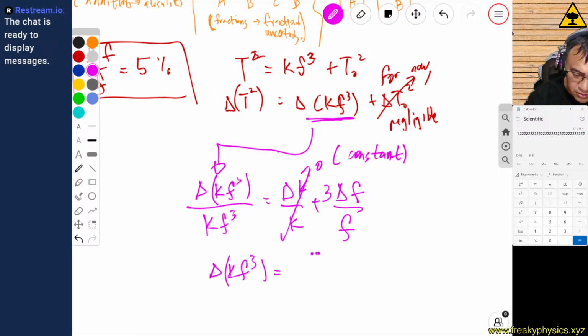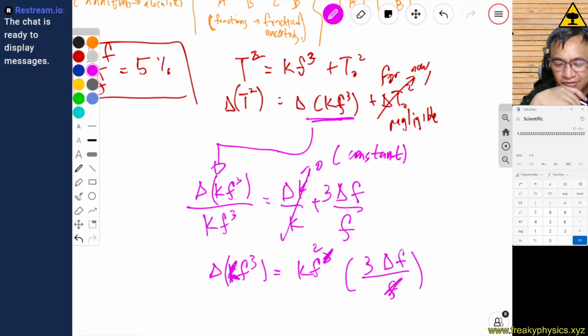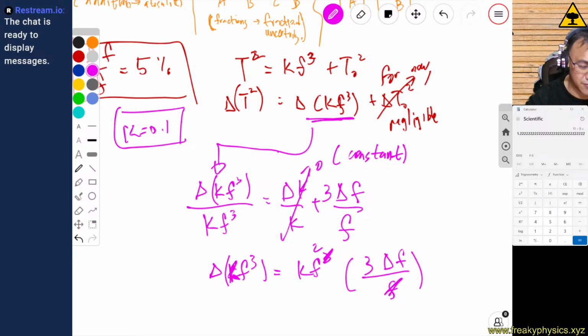That's going to be equal to k f cubed times 3 delta f over f. Okay, this f cancels out with this and becomes squared, and our k doesn't really matter at this point. We can find that k later. I think I'll just give you the value later to make it easier. I used a value of k equal to 0.1. So our value of k is equal to 0.1.